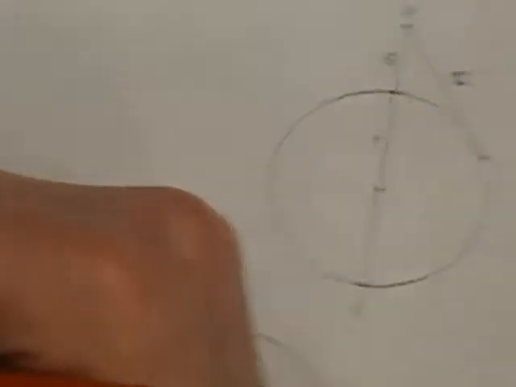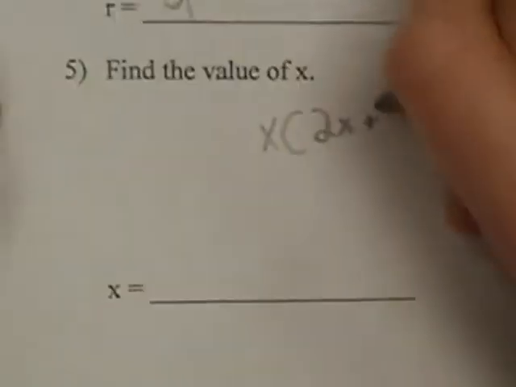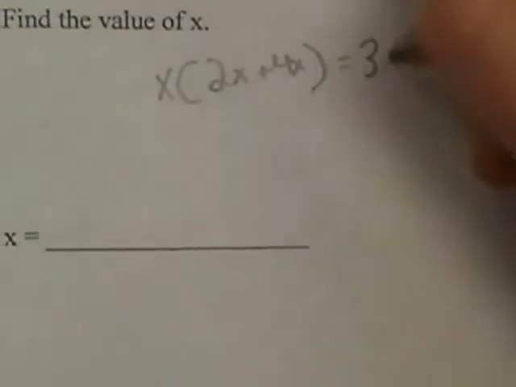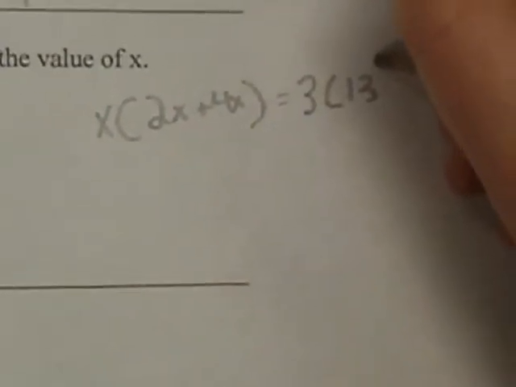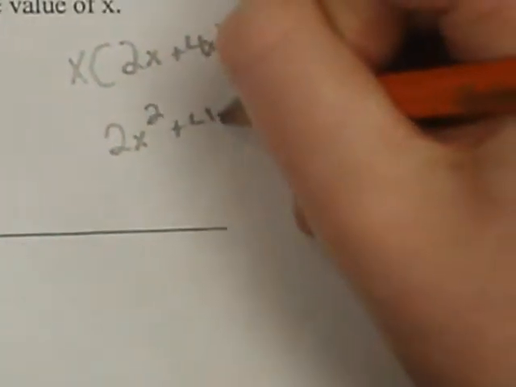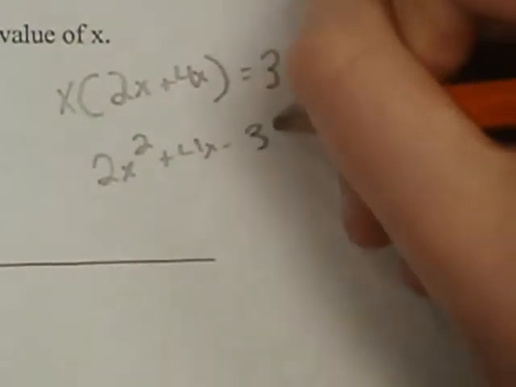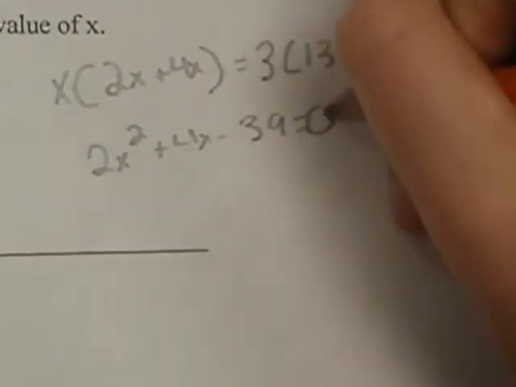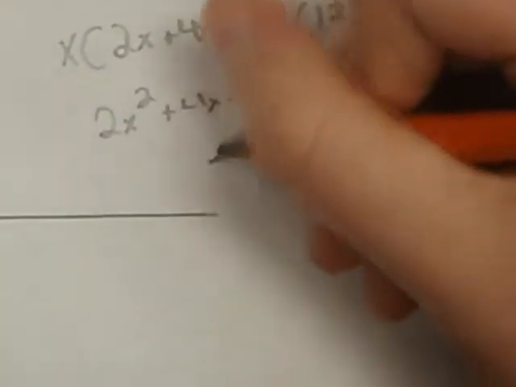For problem number 5, we're looking for the value of x. So what we would do is we would get x times 2x plus 4 equals 3 times 13. Then we could factor that out, and we would get 2x squared plus 4x minus 39 equal to 0, because we've put it in the equation.